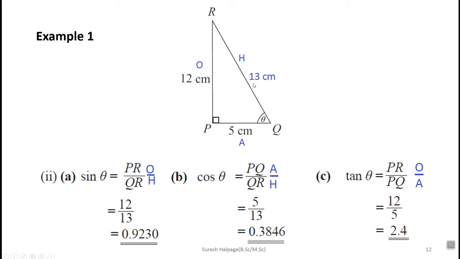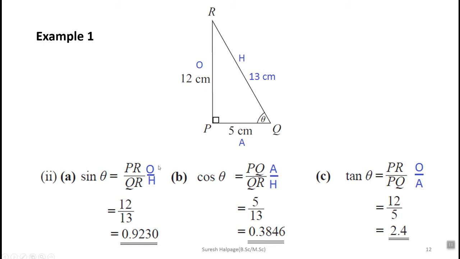So now we can find trigonometric ratios. So sin theta. Sin is opposite over hypotenuse. Opposite side 12 centimeter. What is the hypotenuse? The hypotenuse here is 13 centimeter.